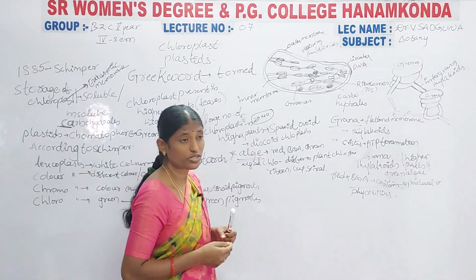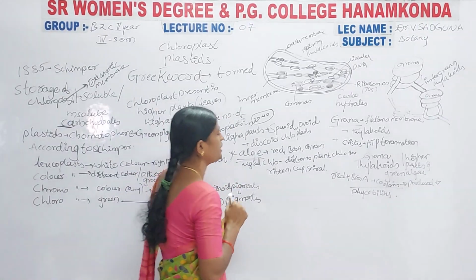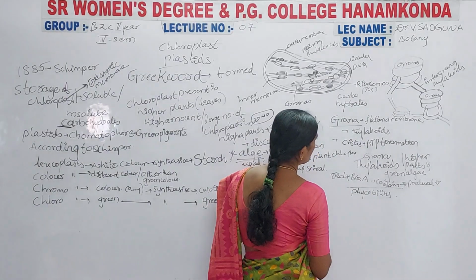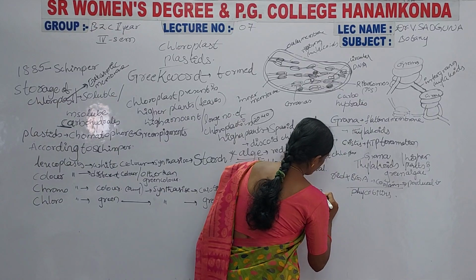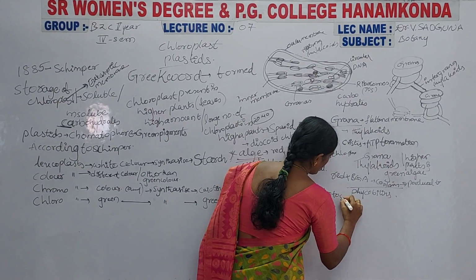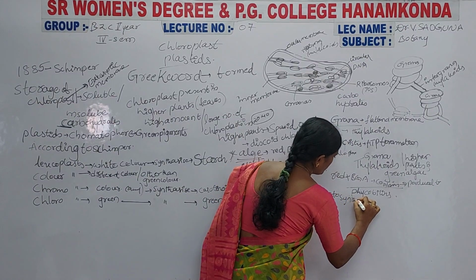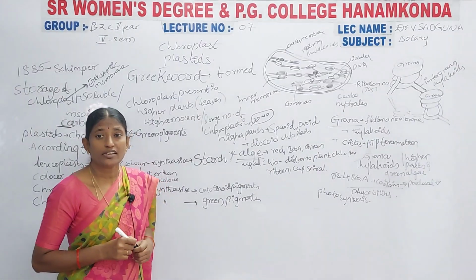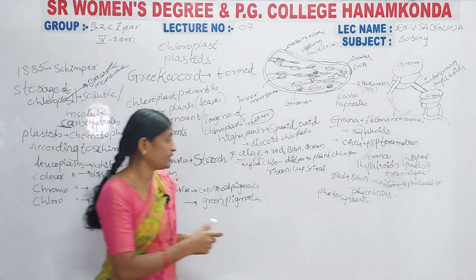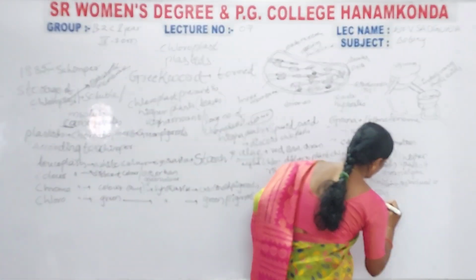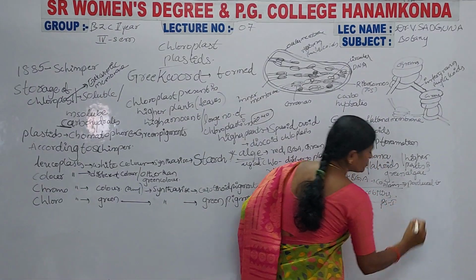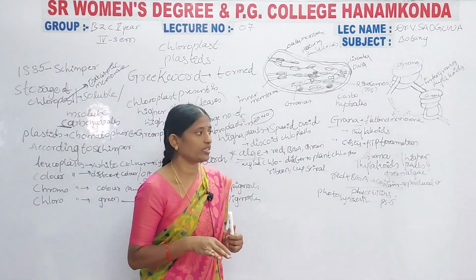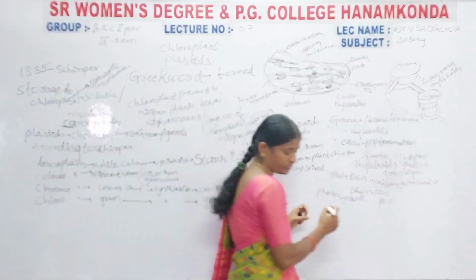It is used in the light-harvesting complex in photosynthesis. The grana is mostly used in photosynthesis. That is the light-harvesting system, photosystem 1, PS1, and at the same time the cyclic or non-cyclic type of photosystem.